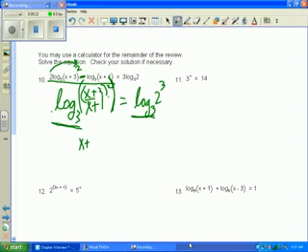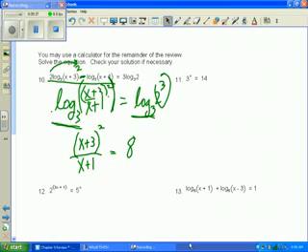So what that leaves me with is (x plus 3) squared divided by x plus 1 equals 8. I got 8 because that's 2 cubed. Okay, so now what? Simplify by doing what? Okay, multiply by x plus 1.